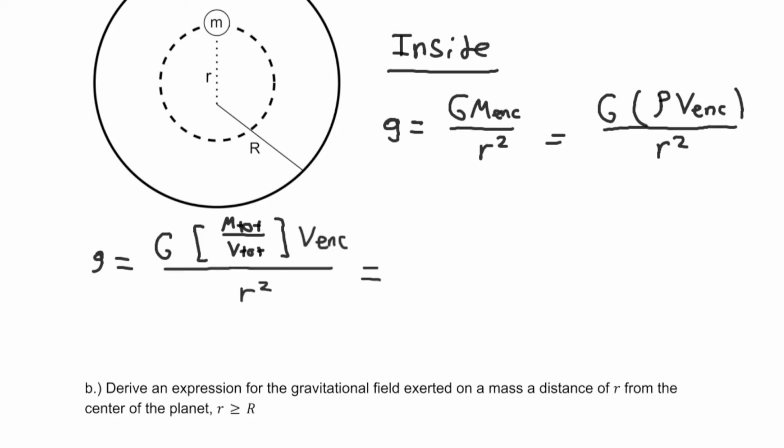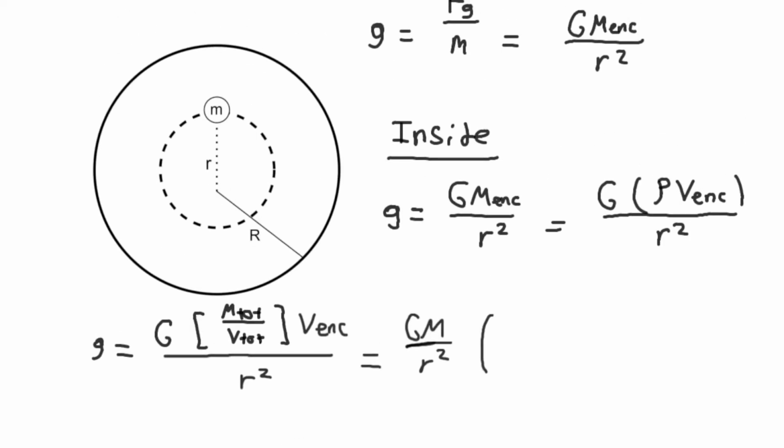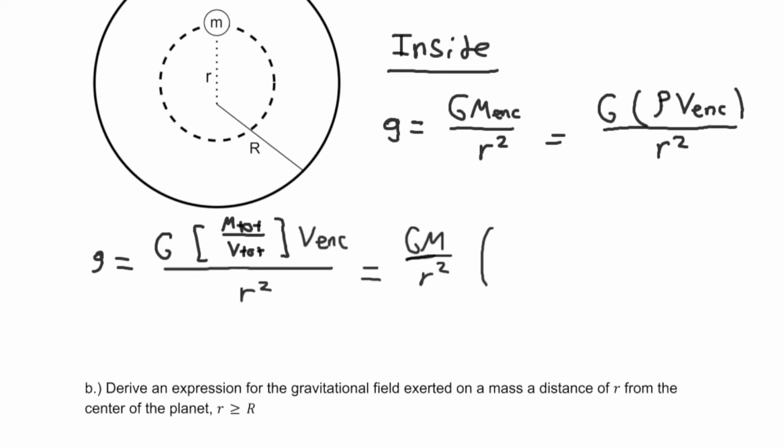So now we start plugging in. We get G times M divided by r squared, times the volume fraction. So first, let's figure out what volume is enclosed. Well, it's going to be a sphere of radius little r, so that's going to be 4/3 pi times little r cubed.